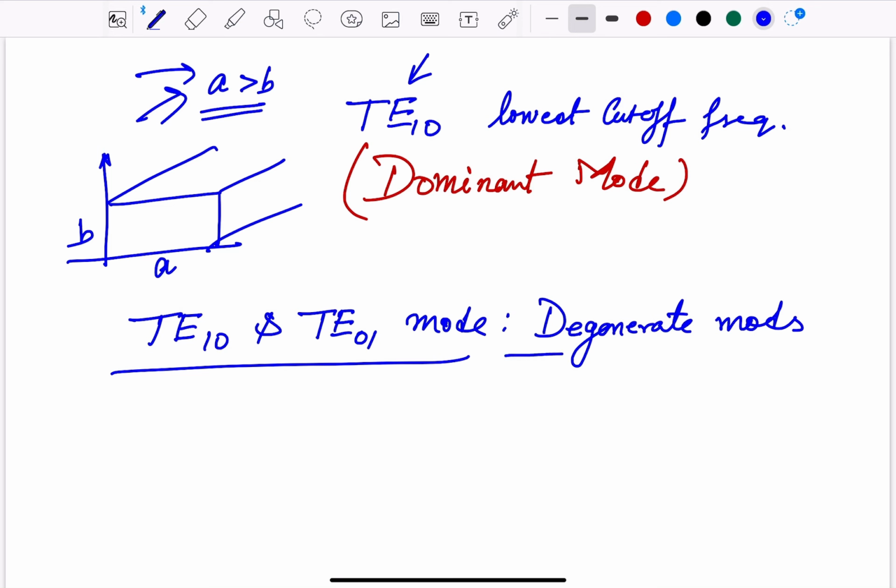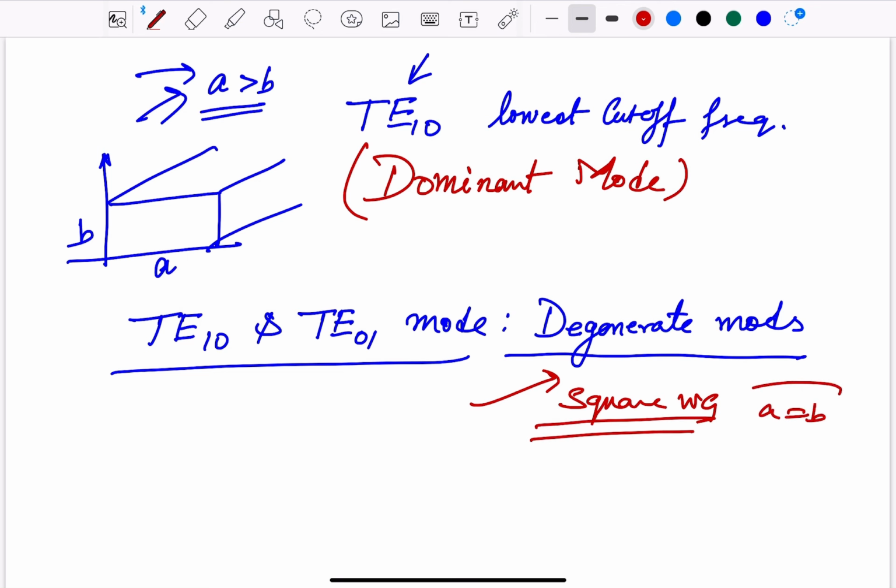For what? This is actually for the square waveguide. The square waveguide means A is equal to B. Fine. So in that case, these will be degenerate modes and the frequency will be the same.